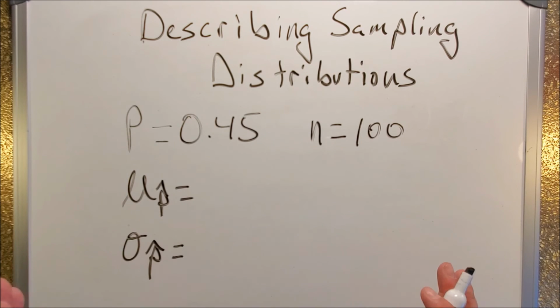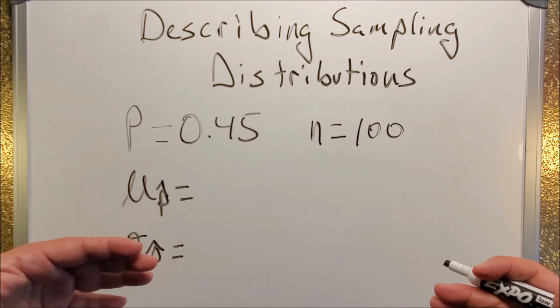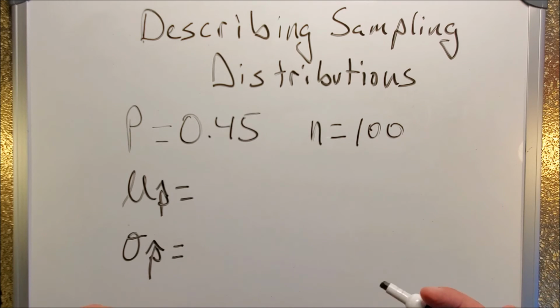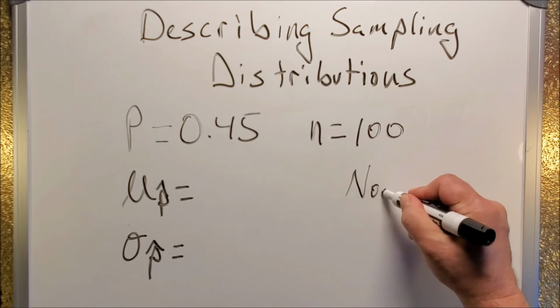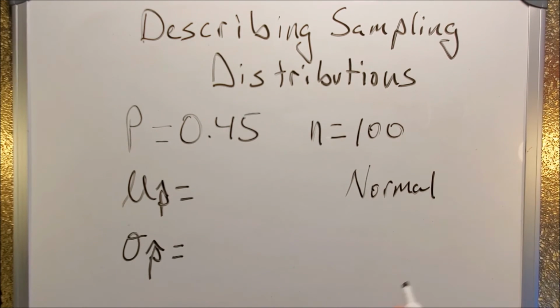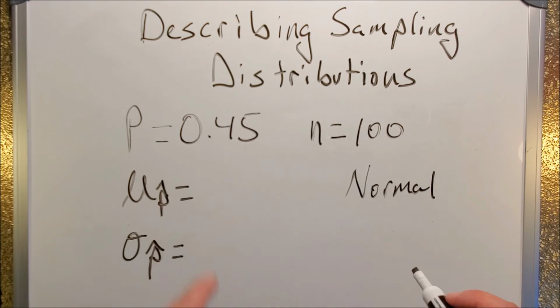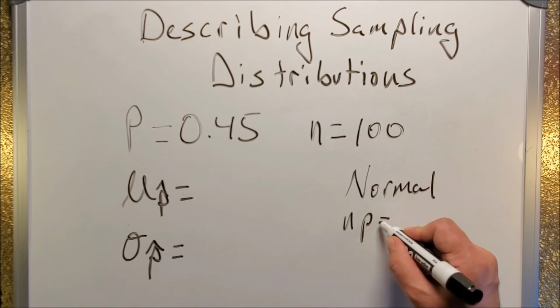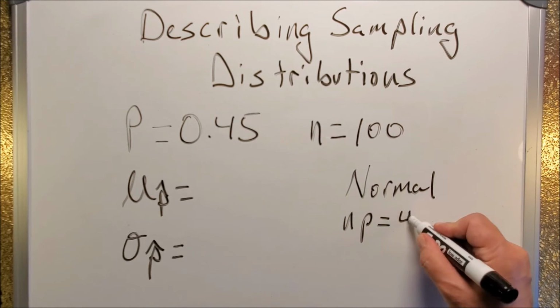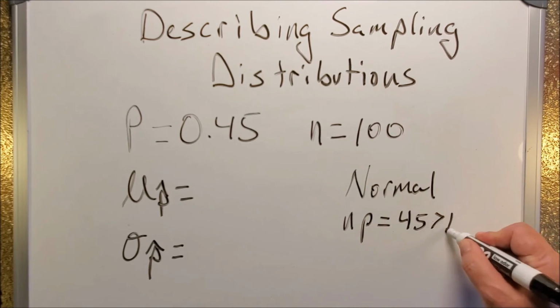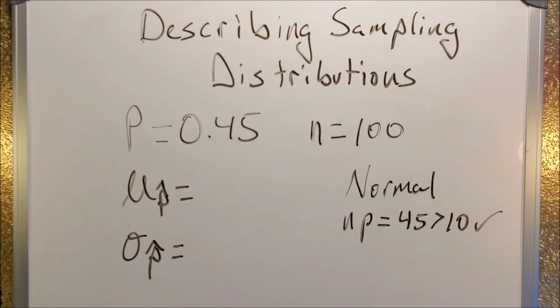And we're going to have to address the topic of normality. Well, that's easy enough right away. Let's do that. We're going to go back to front. I think you see that if we take n times p, that's going to be 45, and that's certainly greater than 10, so we're okay on that front.